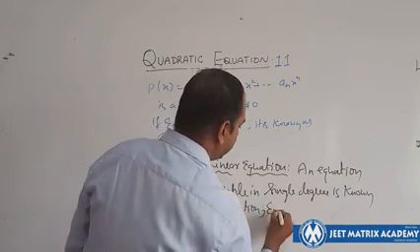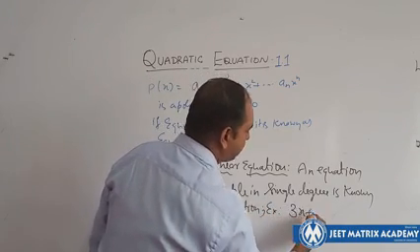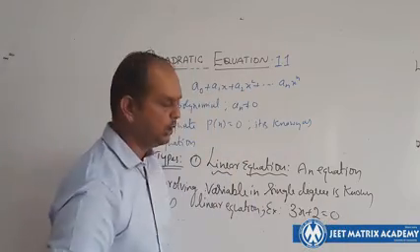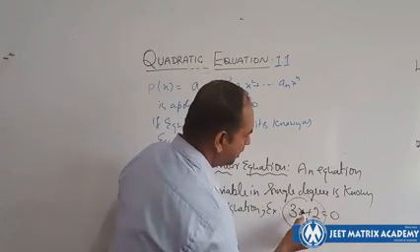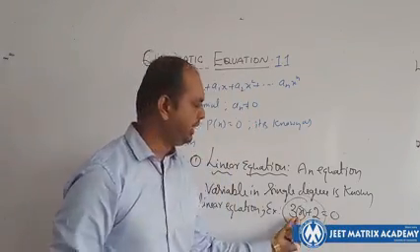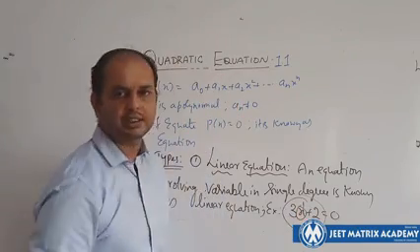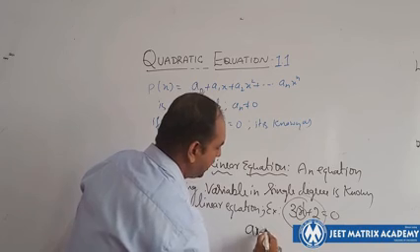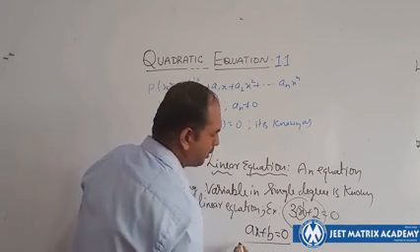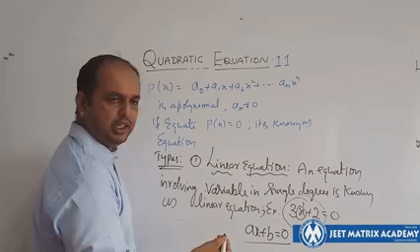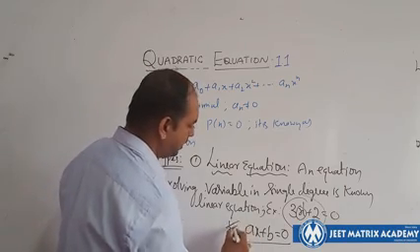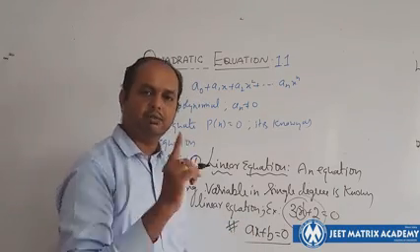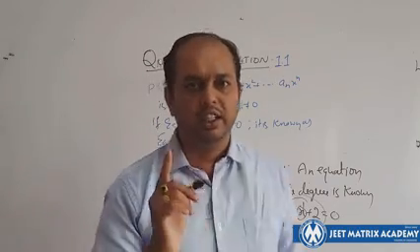Example, you could give anything like 3x plus 2 equal to 0. You could see here the degree of variable x is 1, 3x plus 2, or in general ax plus b equal to 0. So anything of this fashion, where the variable degree is 1, is known as a linear equation.